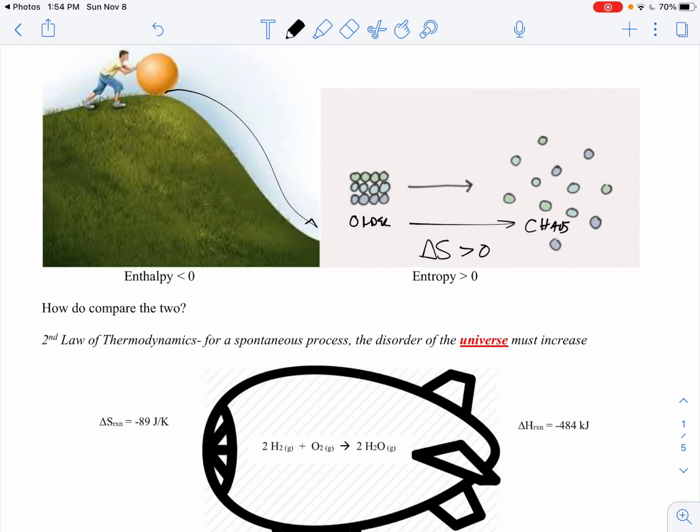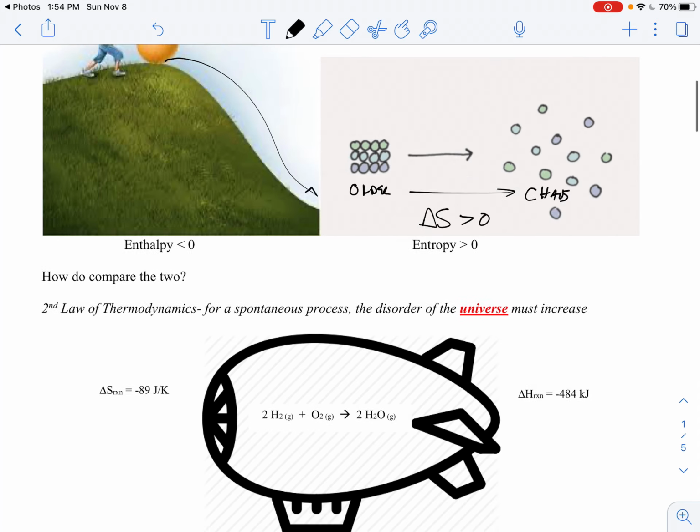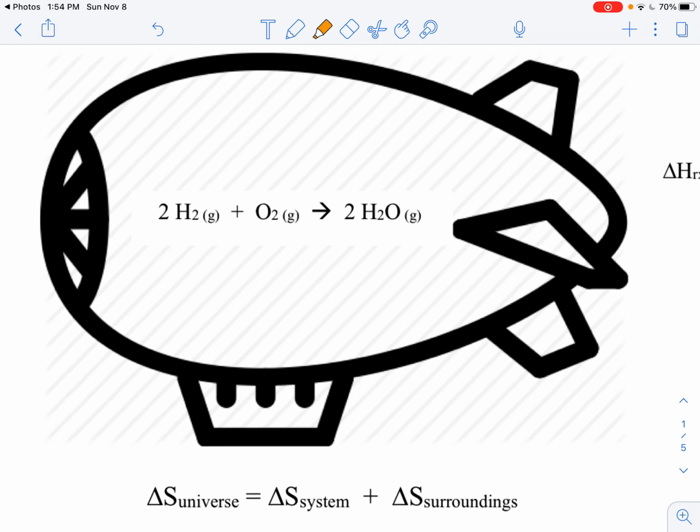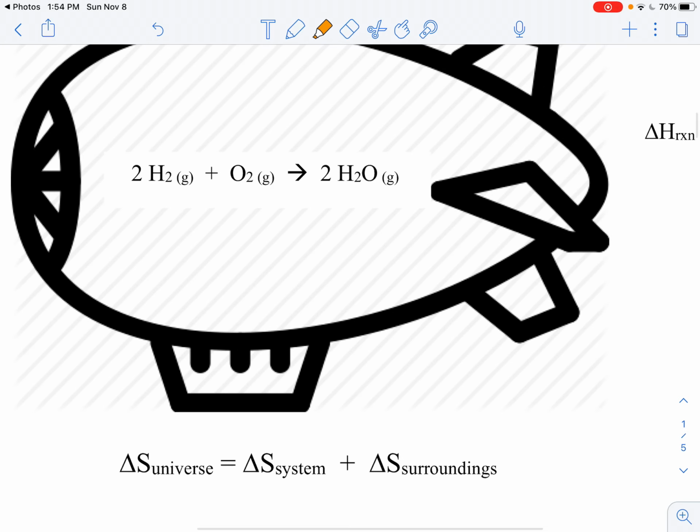So how do I know what's going on? Well, a perfect example is that same one that we've been using all along, which is the Hindenburg. The Hindenburg reaction, combined with the second law of thermodynamics, which says that the chaos of the universe has to increase, lets us understand what's going on.